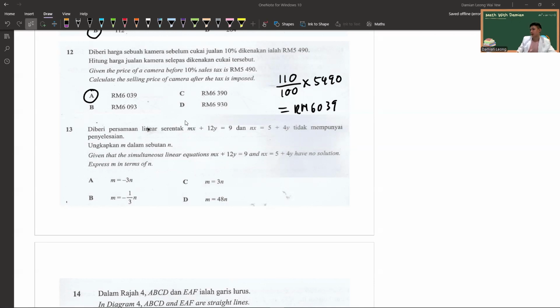Since they have no solutions, let's first put them in the same form. mx plus 12y equals 9. If I rearrange the other, it will be nx minus 4y equals 5 here.